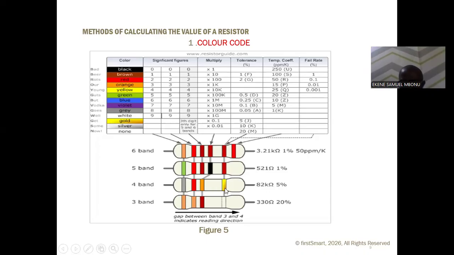And then gold. Gold is tolerance. And gold for tolerance is how many percent? 5%. Tolerance means 5%. Somebody compute 5% of 82,000. That is 5 over 100 times 82,000 over 1.